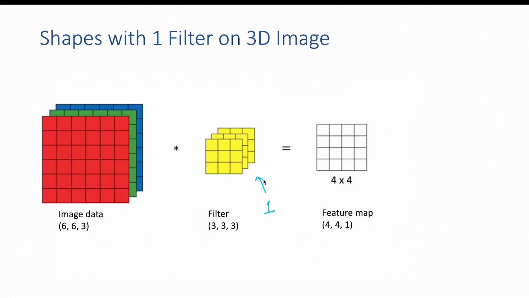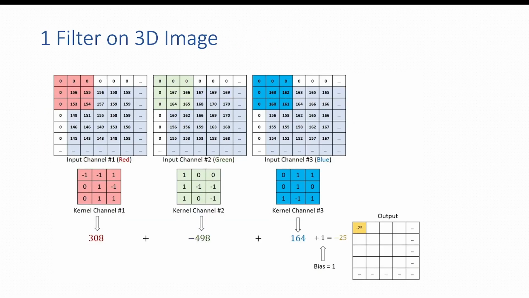There is only one bias here since this is only one kernel, but this kernel is 3D in nature. So we're adding that bias term to the resultant convolution operation. The value of bias here is fixed as 1 for now. And the resultant value is minus 25 for this first convolution operation, and that's what we are observing in the output feature map. The output feature map is still 2-dimensional in nature.